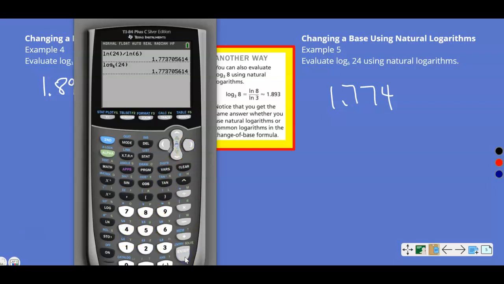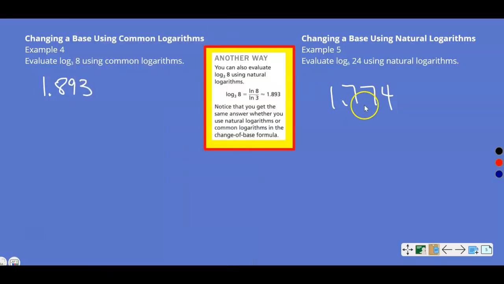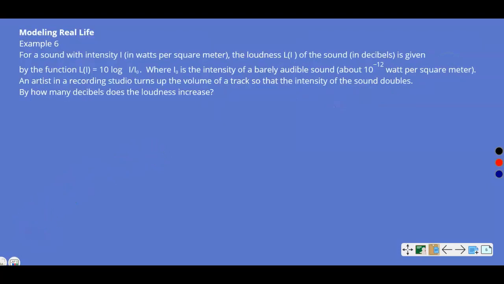It's going to give you the same answer as if you use your common log, because again, we're using the change of base formula here. So again, 3 different ways. You're going to get the same answer no matter which way you do it. I do try to follow what it says though, so since this one said using natural logs, that's why I did it using natural logs first.